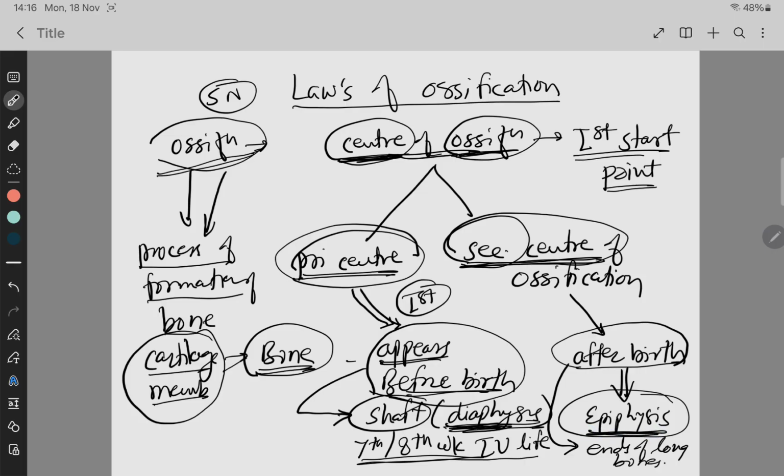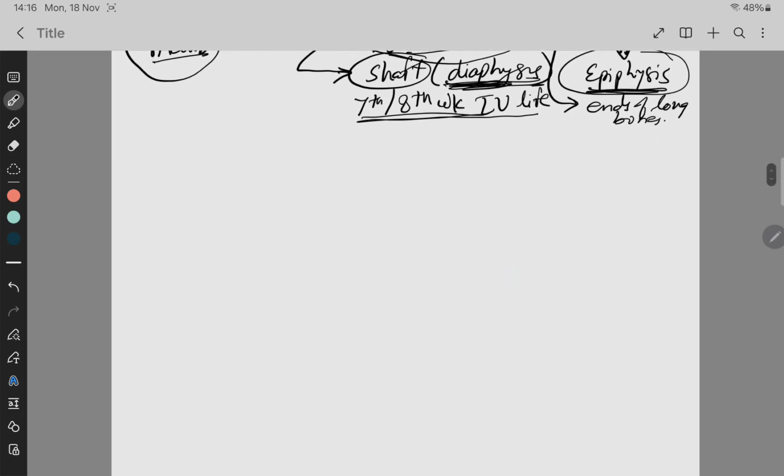So after understanding ossification, center of ossification, and the difference between the primary and secondary center of ossification, now we are going to the laws of ossification. So what are the laws of ossification? It is asked as a short note. It is very important.